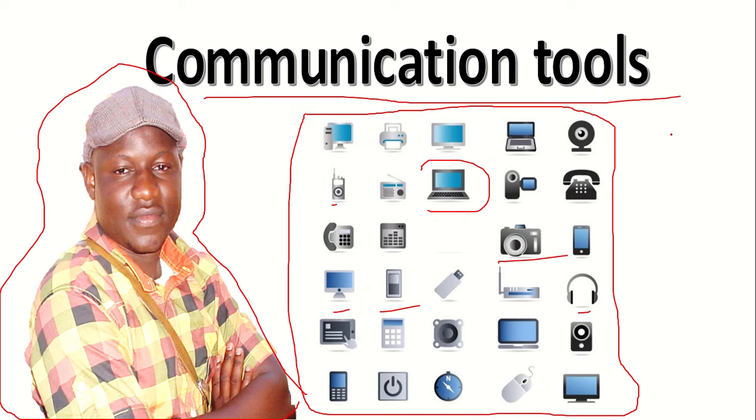Now let's go to page 11 in your ICT book. We were talking about the pictogram. I gave you some work there. Let me go through it. The work was: ask 15 of your friends to name the communication tool they use at home.